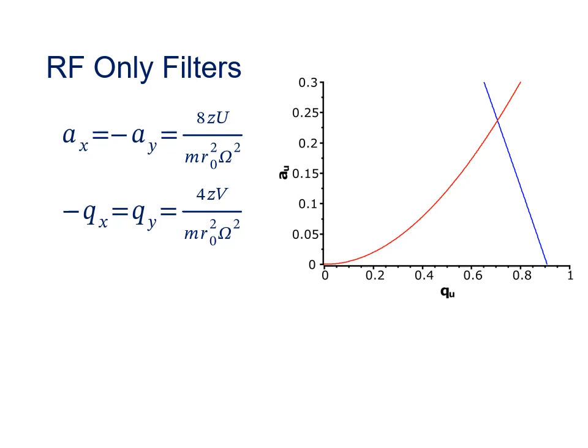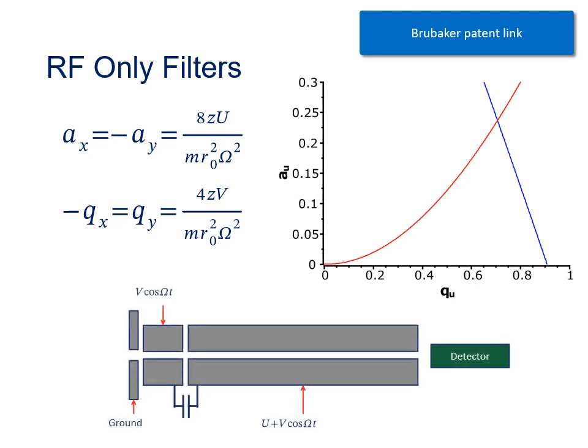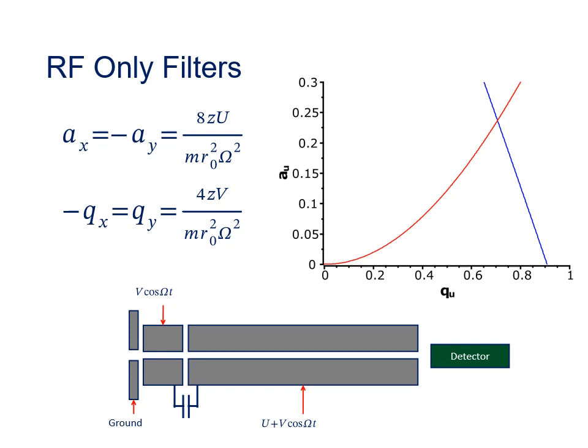And a solution was relatively quickly identified by a guy called Wilson Brubaker working for the Bell Company. It's because they're his invention that these are still sometimes called Brubaker filters. His idea was to make the front end of a quadrupole RF only.